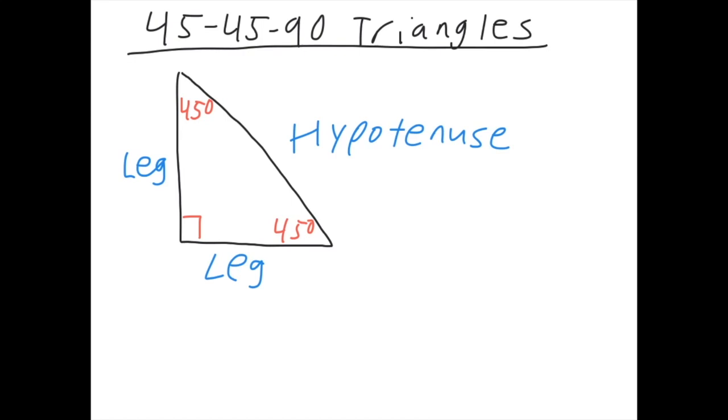So, in the first one, everything revolved around the short leg. In this one, everything revolves around the legs. So, if we call the leg x, the other leg, since they're the same, is also going to be x. The hypotenuse, however, is going to be x times the square root of 2.